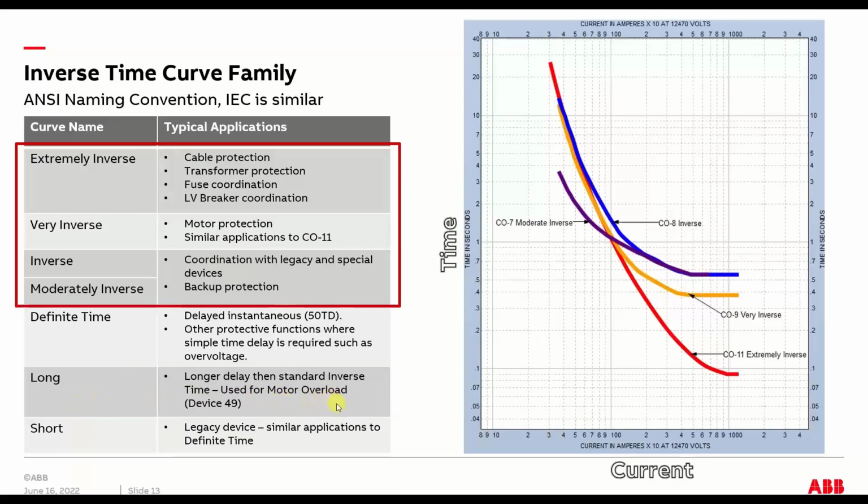Long inverse would be used for motor overloads. So like a device 49 would be typical of a long inverse, and it would look a lot like the standard inverse, like this blue line, except it would be pushed up in time a little bit. So it allows for longer overloads, and it's good for and pretty much identical to motor overload curves.